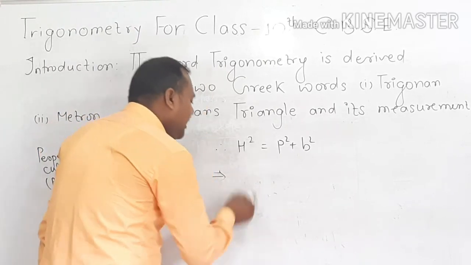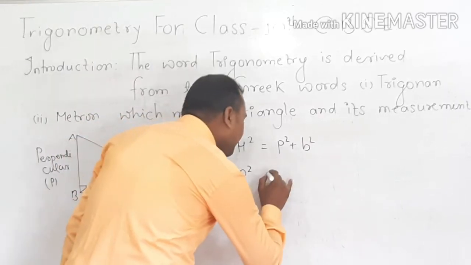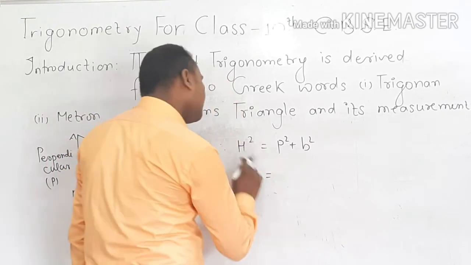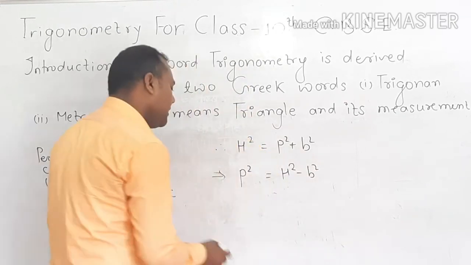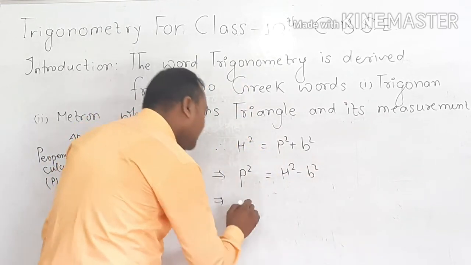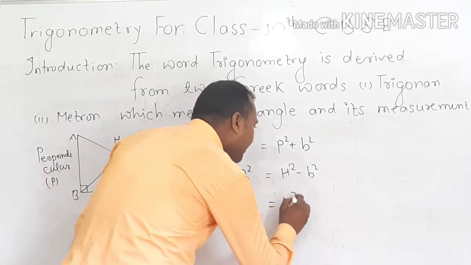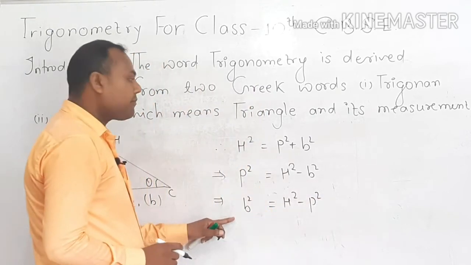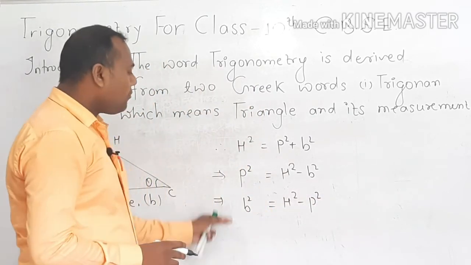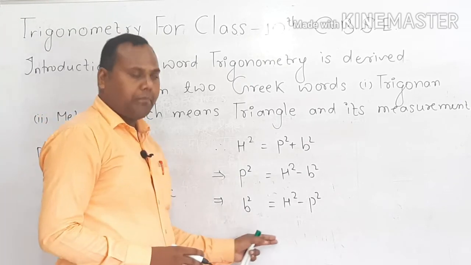If we want P square, then we can write H square minus B square, and if we want B square, then we can say H square minus P square equal to B square. These three formulas are very important in trigonometry.